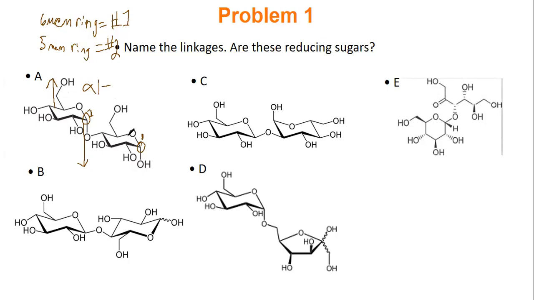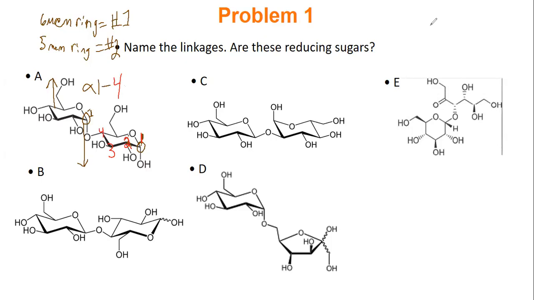Then you go away from the oxygen to start numbering. So this one's number 2. Then this is number 3. This is number 4. So this is an alpha 1,4 linkage. All right. See if you can use that strategy to name B, C, D, and E.